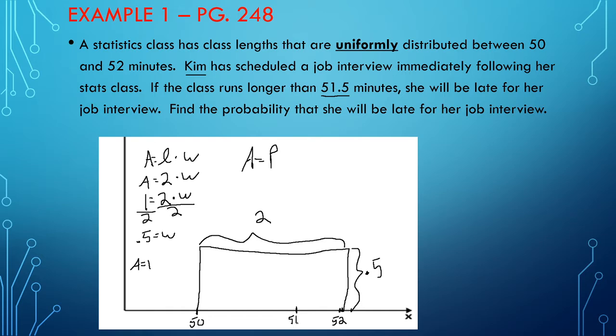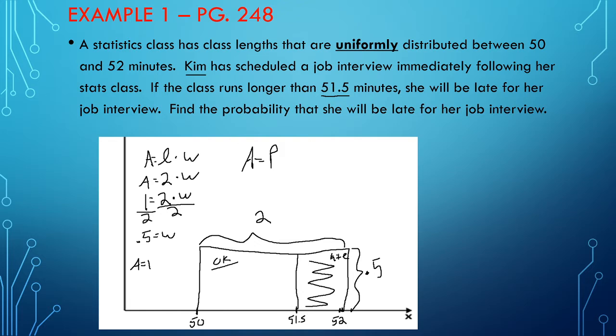I want the chance that the time of the class runs somewhere in this area, from 51.5 to 52, because this is the area in which she's late. So this is the late region, and this is okay. She's okay to get to her job interview if it's within this area. She's going to be late if it's within this area, because 51.5 is the cutoff, right?